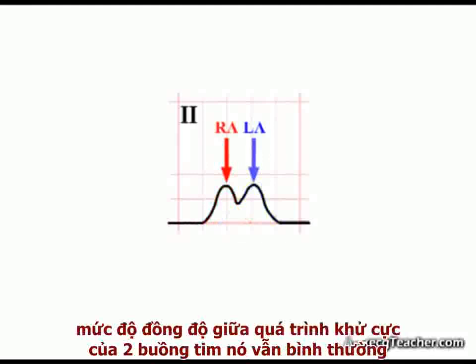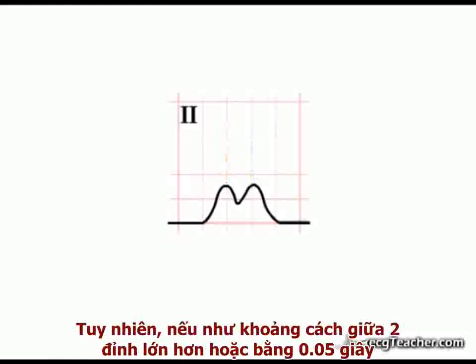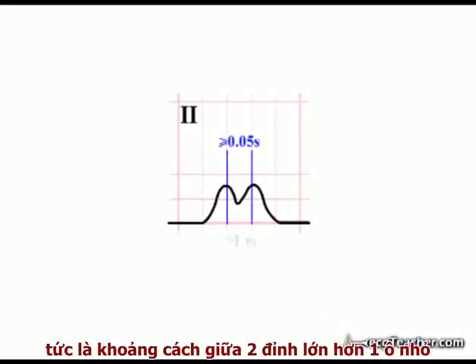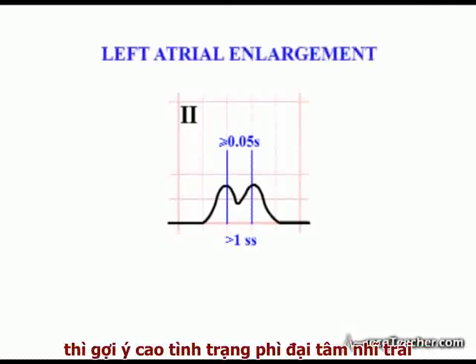As we've seen, a degree of asynchrony between the two chambers is quite normal. However, if the separation between the two peaks is equal to or greater than 0.05 seconds in duration, that is, one small square or more separation between the peaks, this is highly suggestive of left atrial enlargement.